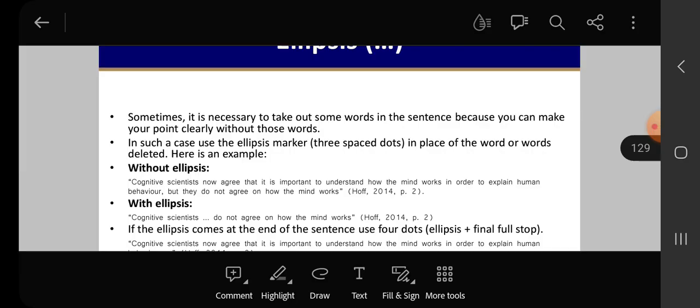When you talk of the ellipses, they are the three dots. Mostly when you are reading some books, some text, you see they will be bringing three dots after some words, meaning that some words are there, but it is not important for them, so they didn't bring it.